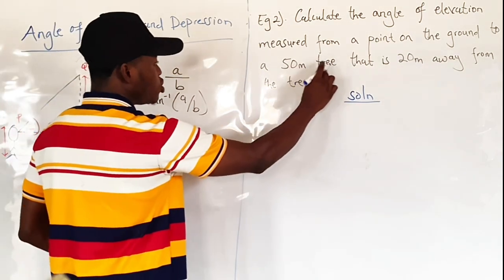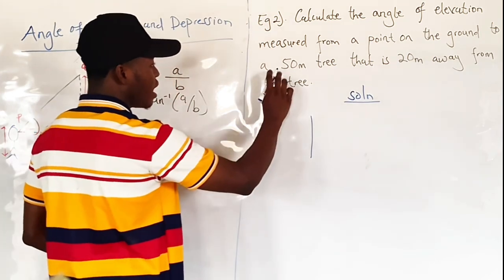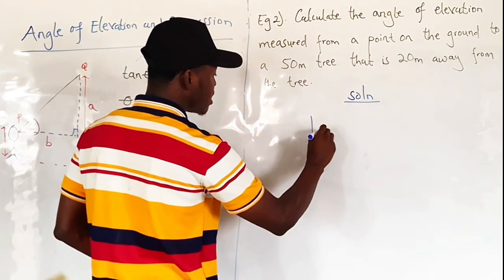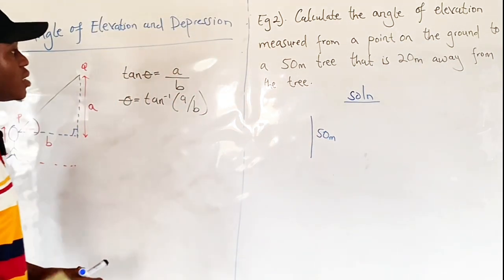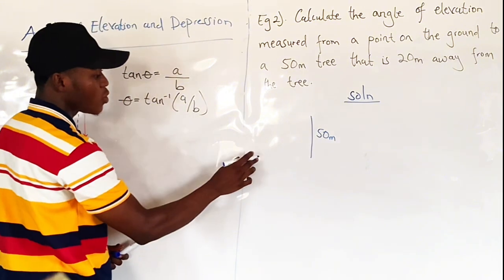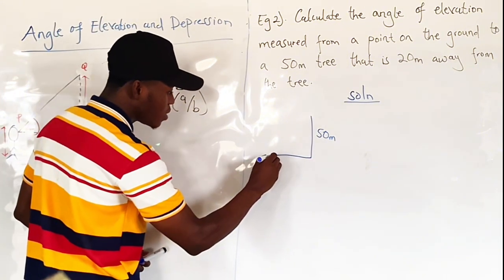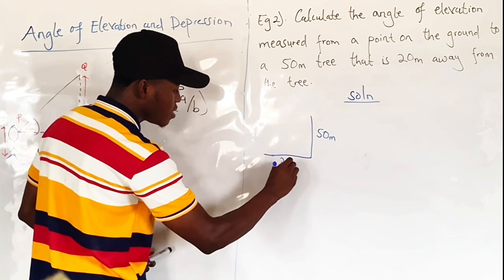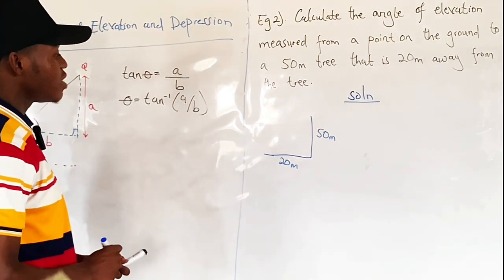We first have to draw our tree. So this becomes our tree. And the height of the tree has been given as 50 meters. And from a point which is 20 meters away from the tree, so here becomes 20 meters away from the tree, we should calculate the angle of elevation.